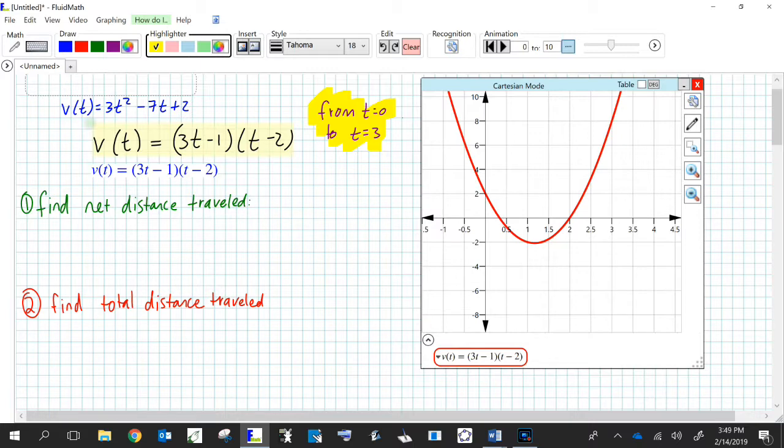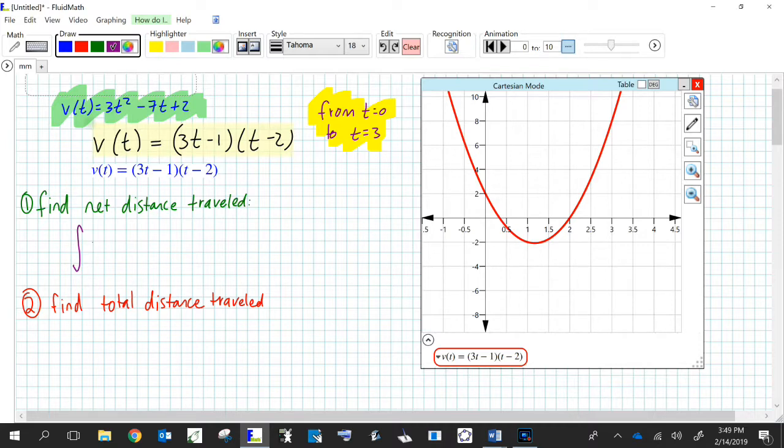You can see that I have up here 2 different ways to express v of t. Here in blue, I've got v of t equals 3t squared minus 7t plus 2, and then I factored it below as the quantity 3t minus 1 times the quantity t minus 2. If you want to find net distance traveled, the antiderivative of velocity gives me position, so to find the displacement I need an integral to get from velocity to position.